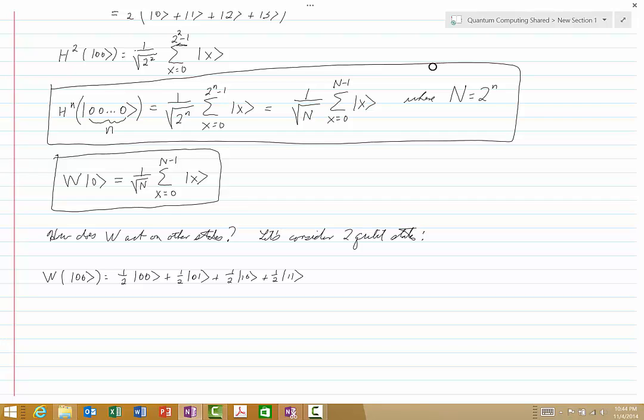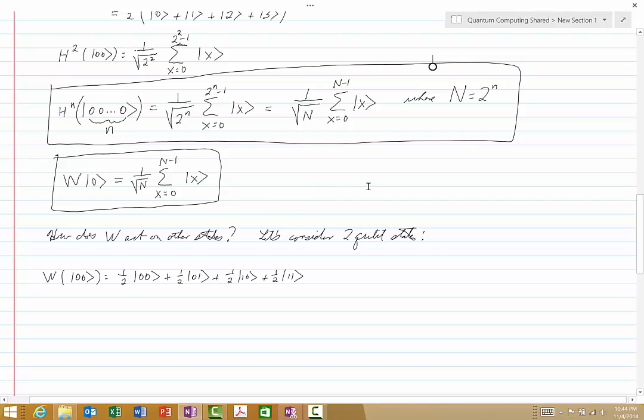So that means that we're going to be taking the basis now, the standard basis in the standard order. And of course, 0, 0 then, if we're using the standard order, is the first element of the standard basis, and therefore these terms constitute the first column of the matrix of W. So that first column will be all 1/2s.